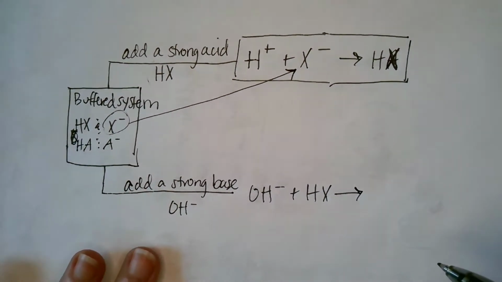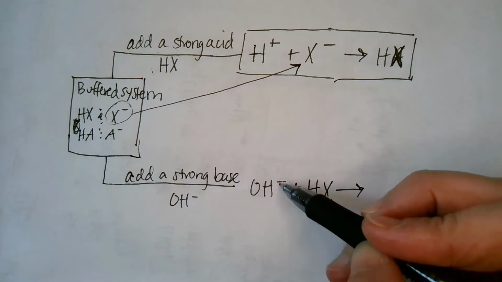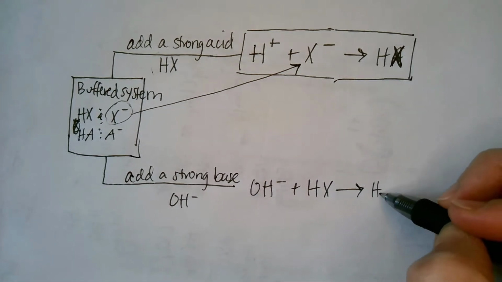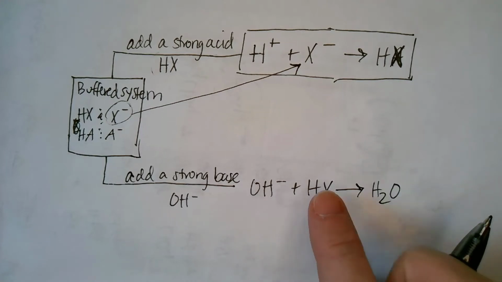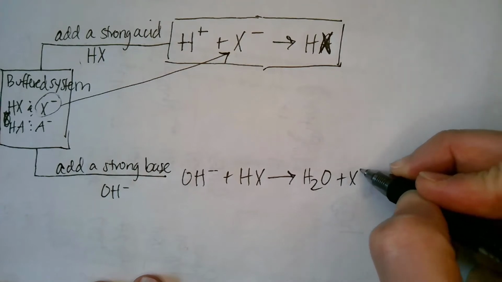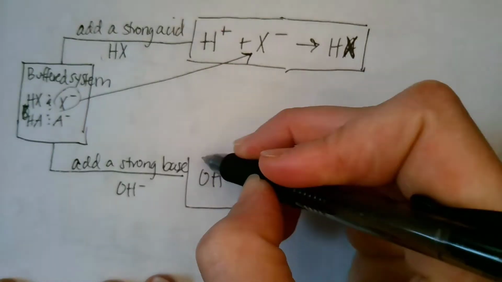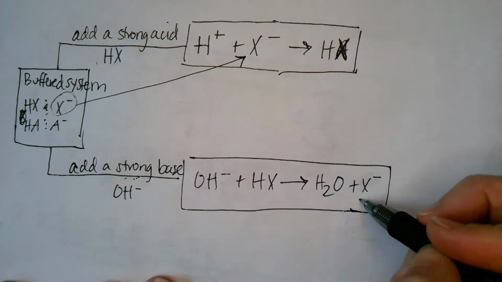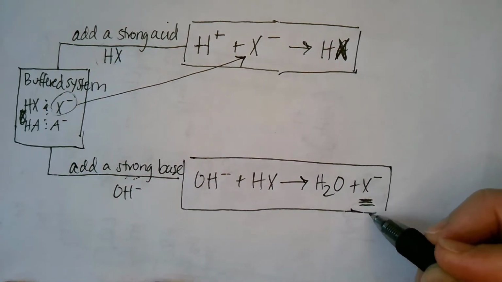And what is that going to produce? Well, we've got hydroxide grabbing the proton, so H2O. And what does that leave us with? X minus. So when I add a strong base, it produces more base.